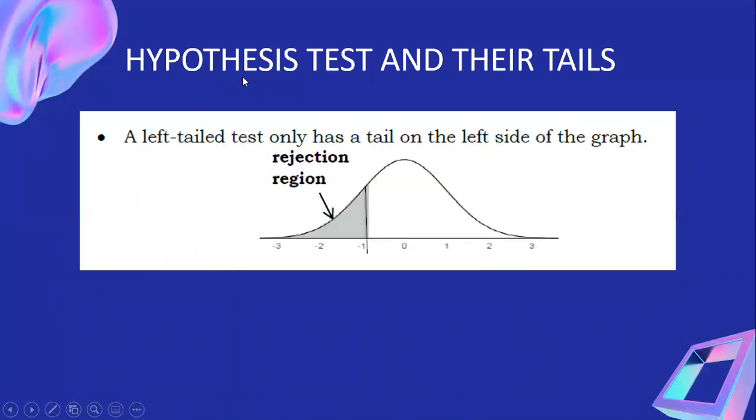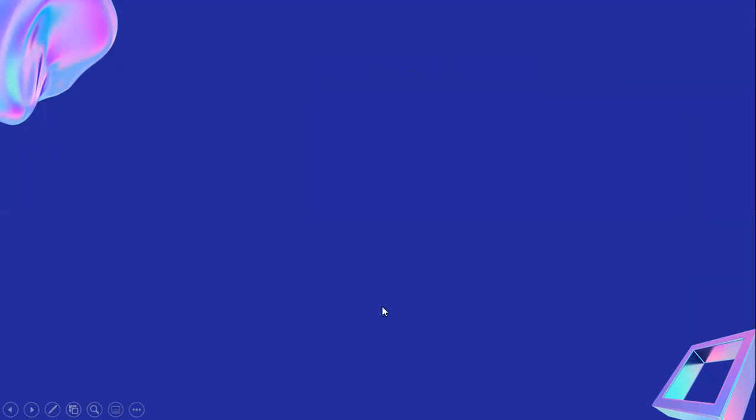So remember these three types of test from a tails standpoint. If you have a left-tailed test, it only has a tail on the left side of the graph. Obviously, that's why it is called a left-tailed test. So the rejection region must be on the left side only. But this area will depend on your critical value and your significance level.